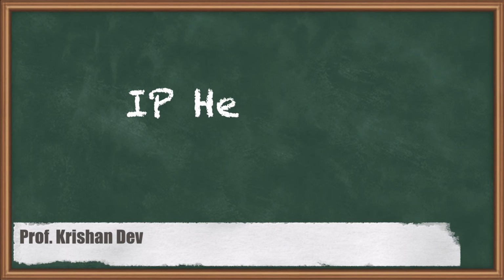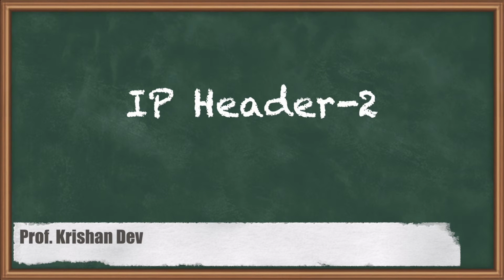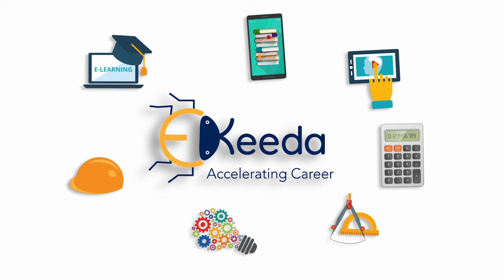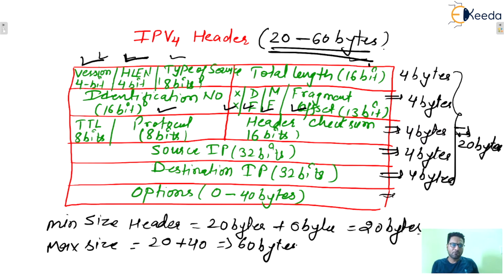Hello guys, so in this lecture we'll see some other fields of the IP header. We have seen two fields in the last lecture, that is the version field and HLEN. Now we'll see the third one, type of service, and total length.